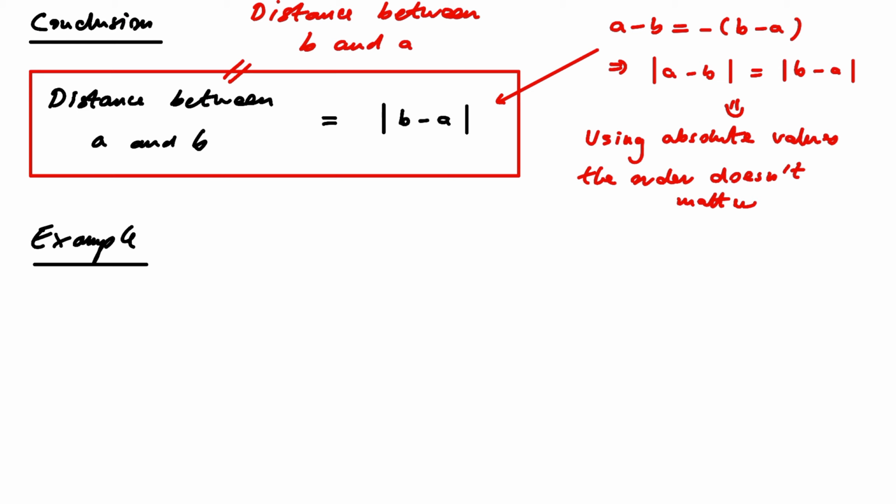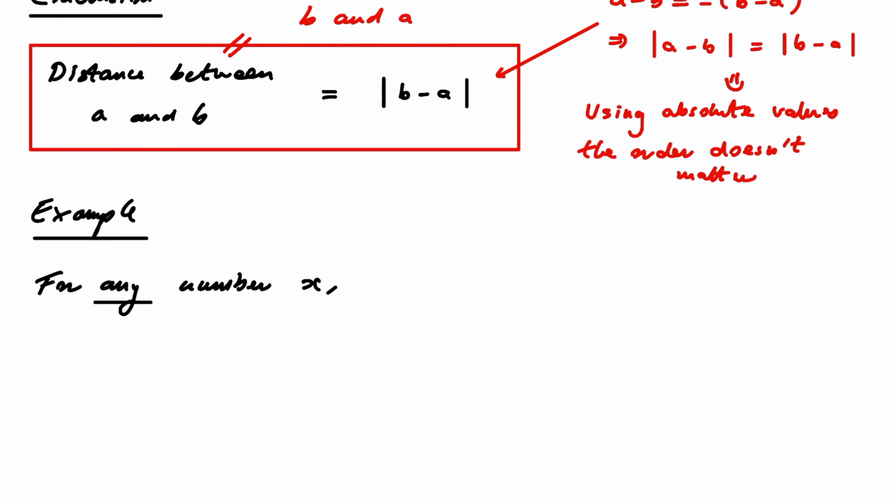For any number x, the distance between 5 and x is always equal to, I'll write it like this, the absolute value of x minus 5.